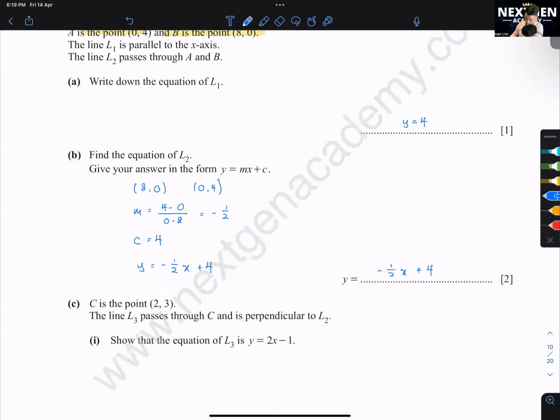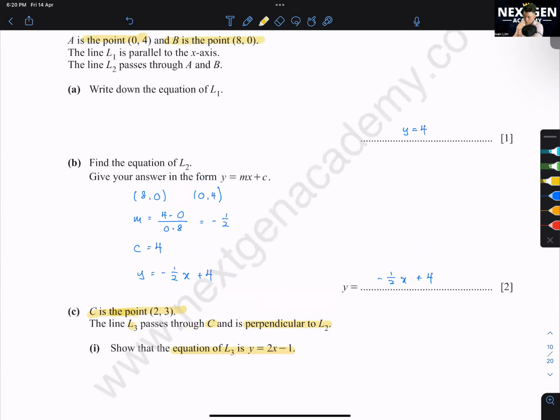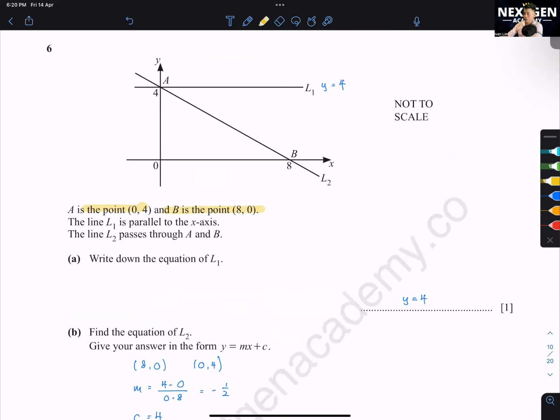Okay, question C. C is the point (2, 3). There's this other line called line 3 that passes through C and is perpendicular to L2. Okay, show that the equation of L3 is y equals 2x minus 1. So if I were to draw it out on a graph, how would it look like? (2, 3), right?